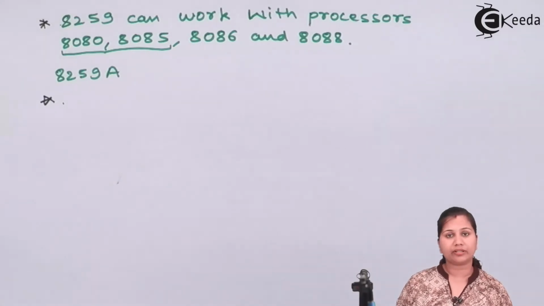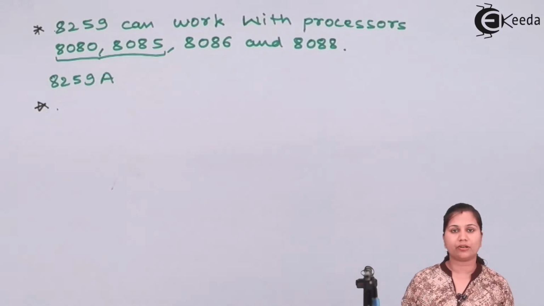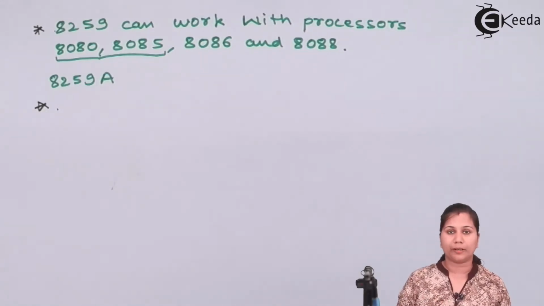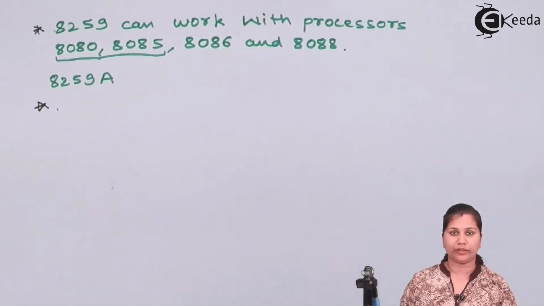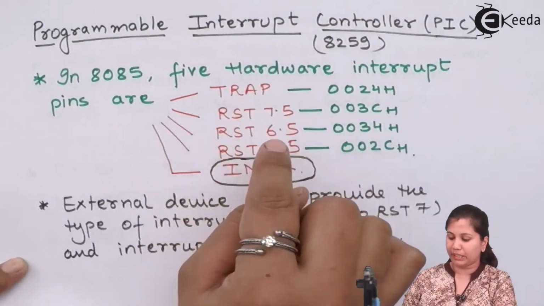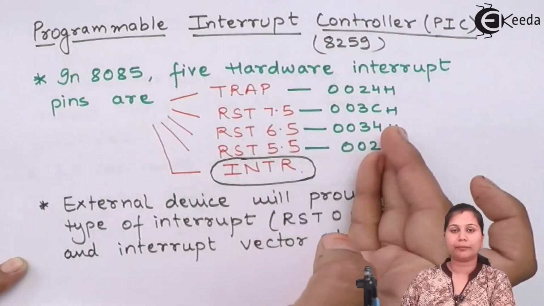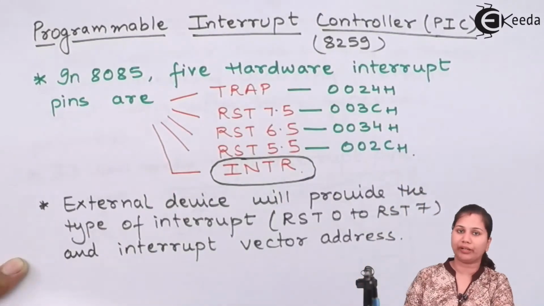If we see the addresses of the interrupts in the 8085, I have told you that TRAP, RST 7.5, 6.5, 5.5 have interrupt vector addresses which are already fixed.